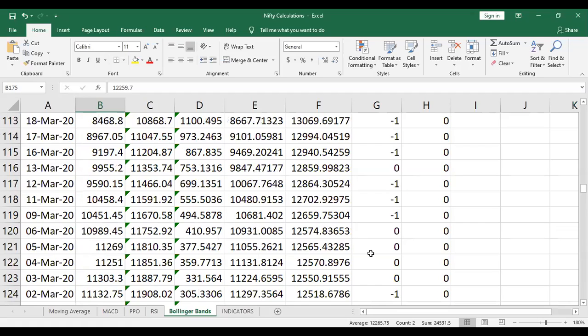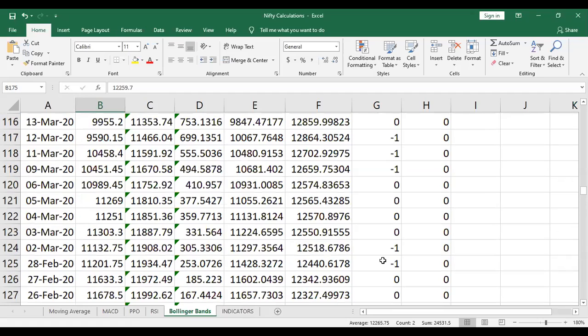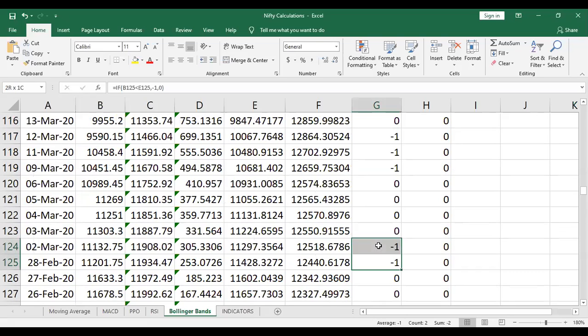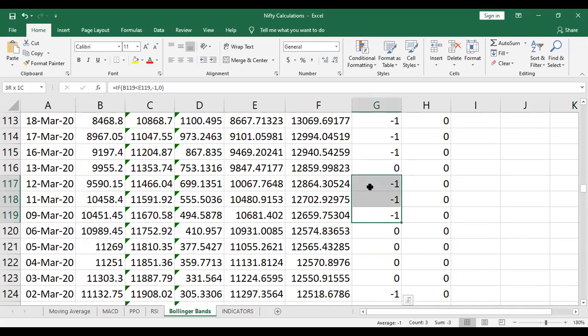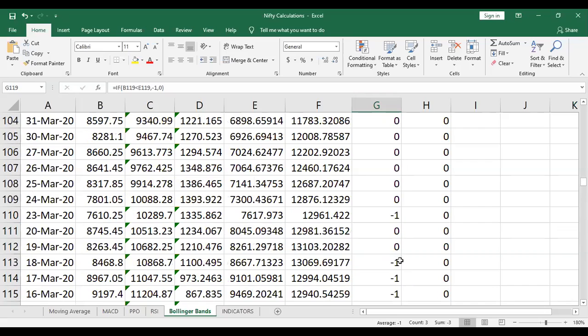Now you can check in the month of March. Here the price is below the upper band and below the lower band. So it is negative from the 20th February, and the market movement started downward. Again the downtrend continued, and it went toward the lower level of 7,610.